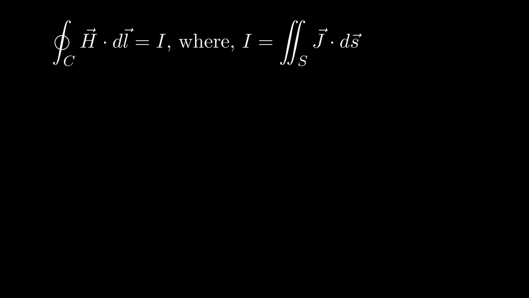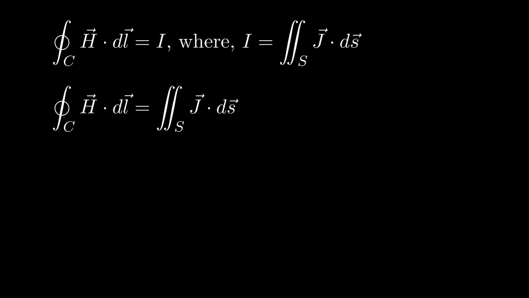Assume that the total current I passes through a closed path C. Then Ampere's law tells us that the closed path integral of the magnetic field intensity vector H with respect to the length element dl is equal to I, where I is the total current enclosed by the closed path C. Now, I can be represented as the surface integral of the current density J. So, the closed path integral of H will be equal to the surface integral of J.